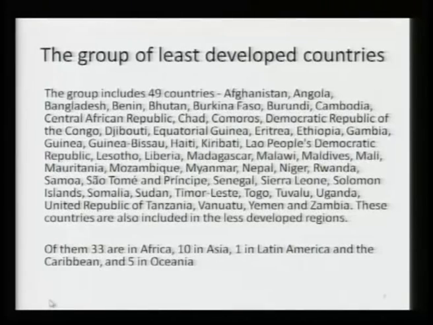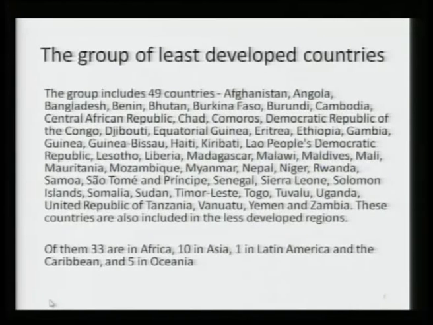In the category of developing or less developed countries, there are 49 countries which are further classified as the least developed countries of the world. These are the names of those countries: Afghanistan, Angola, Bangladesh. There are several countries of South Asia which are part of the least developed countries.